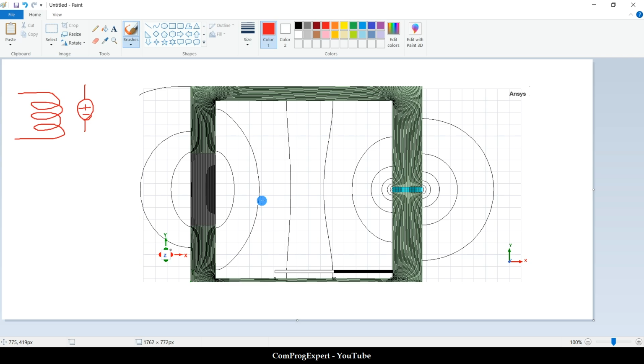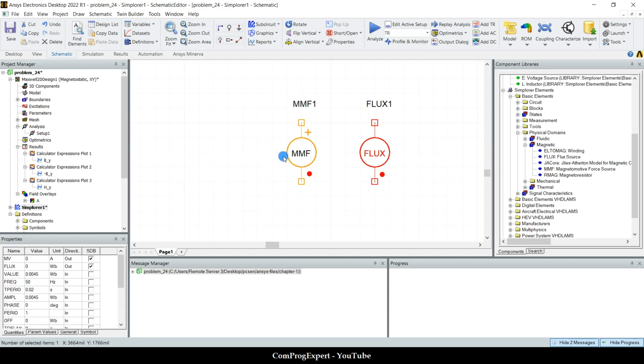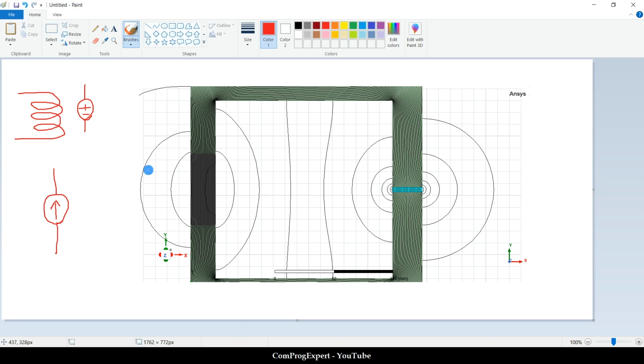In the magnetic equivalent circuit modeling, a permanent magnet is modeled with a current source. Okay, a current source, a flux source. This element that we have here in the simpler.